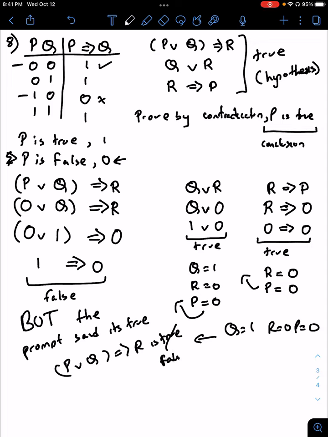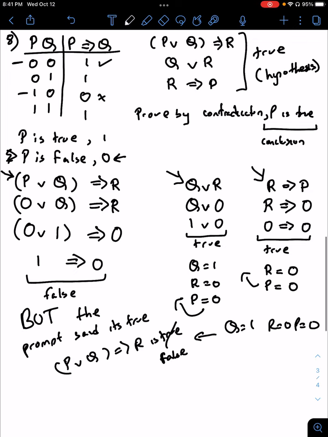This thing is now false. Since these values don't work, there has to be a flaw. And the only flaw we made, because we just followed logical steps, right? We started off here, we figured that out, we found the values for R and P. Then we came here, we figured that out, and then we subbed in here, and then we figured this out. We got 1 implies 0, which is false. But the prompt says it's true.